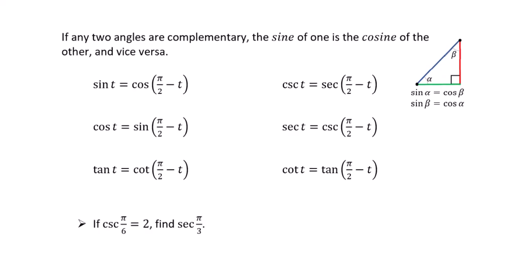If cosecant of pi over 6 is 2, find the secant of pi over 3.